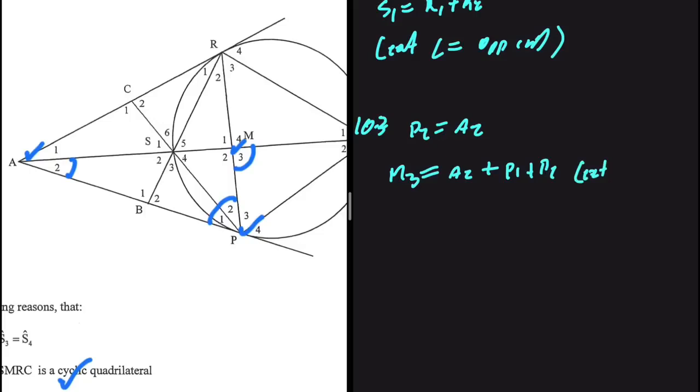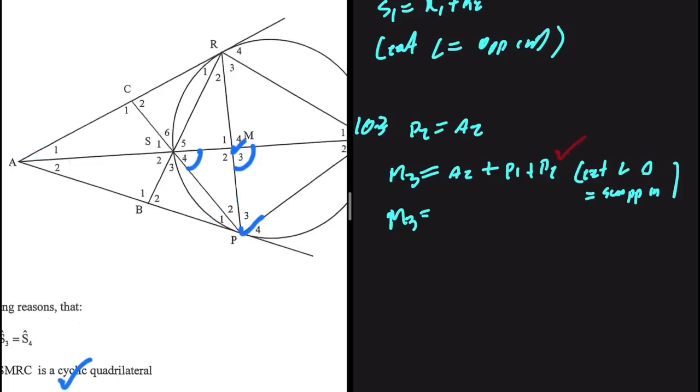An exterior angle of a triangle is equal to the sum of the opposite interior angles. Let's not forget that. So we have M3 being equal to A2 plus P1 plus P2. Okay, we can also use M3 again. We can say that M3 is equal to, let's see, S4 plus P2.